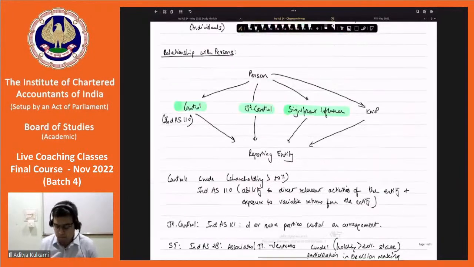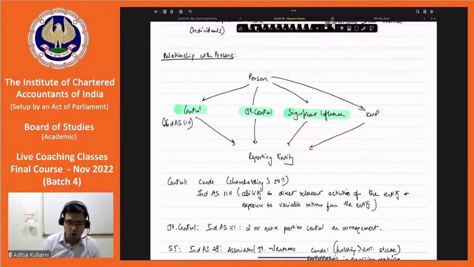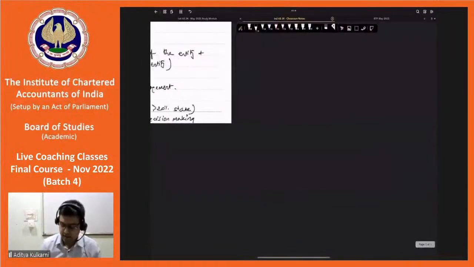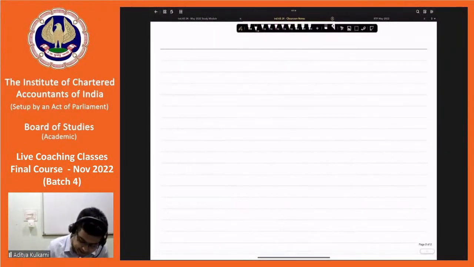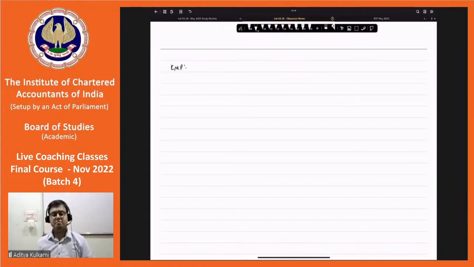So when a person has control, that is, he directs the relevant activities, or a joint control with somebody, or exercises significant influence over a reporting entity, or he is a key managerial personnel. What do we mean by key managerial personnel?